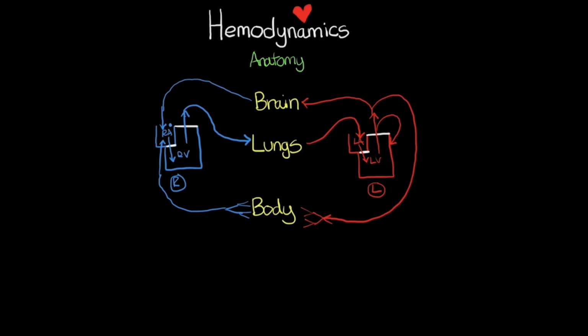And it is important that you understand this flow, where the blood is going at different points. Like I said, know the valves that you're going through, know what vessels you're going into, and this will all play a role in determining our patient's hemodynamics.